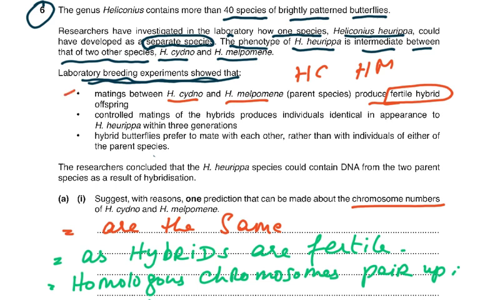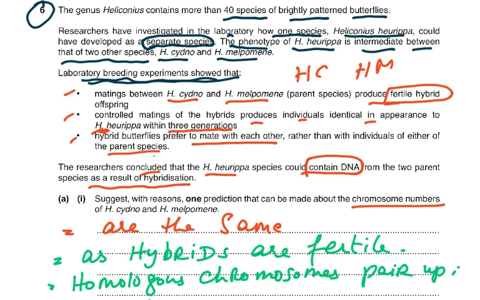Then, second point, controlled matings of the hybrids produced individuals identical in appearance to HH within 3 generations. Then, hybrid butterflies prefer to mate with each other rather than with individuals of either of the parent species. The researchers concluded that HH species could contain DNA from the 2 parent species as a result of hybridization.